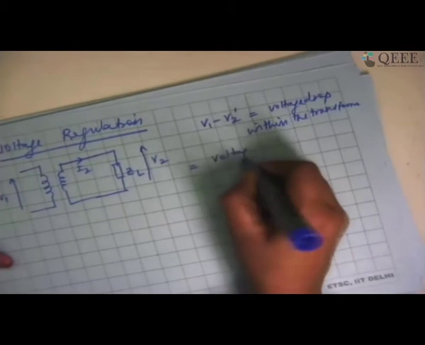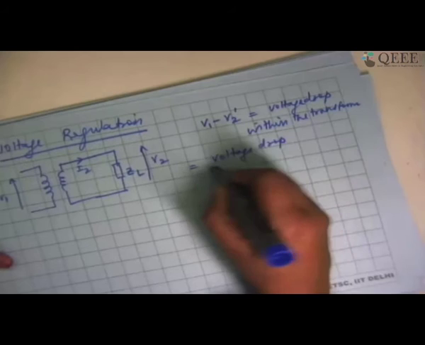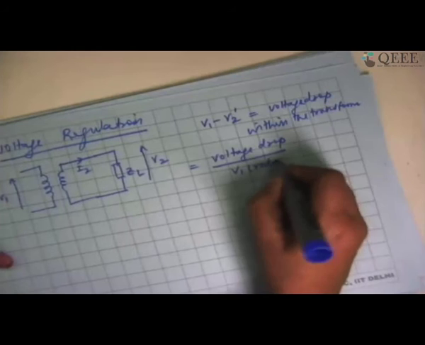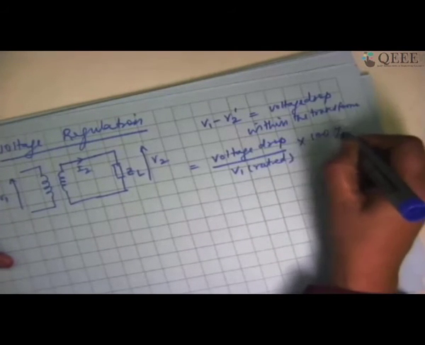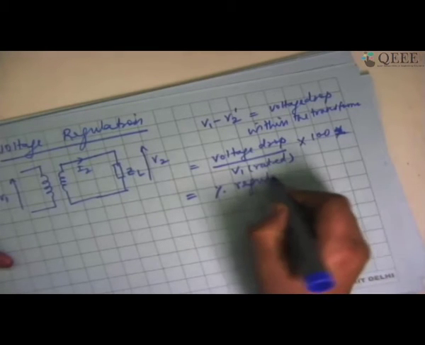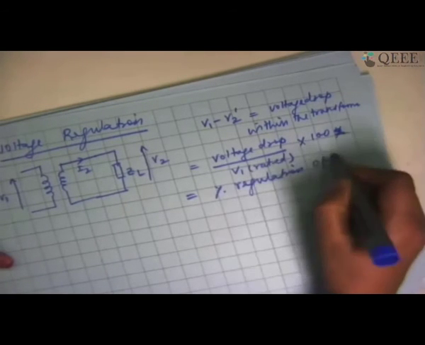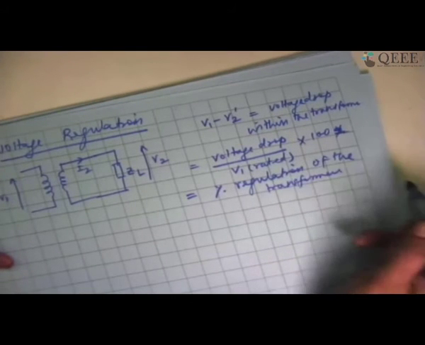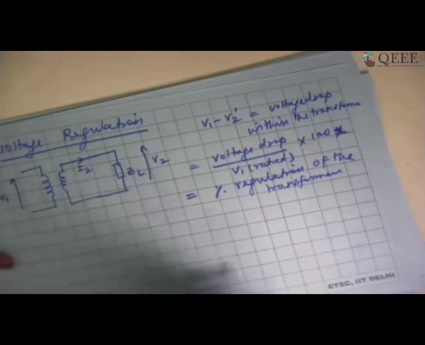If I say that voltage drop divided by either V2 dash or V1 rated, this is actually the regulation of the transformer. If I multiply that by 100, I would call it percentage regulation of the transformer. So percentage regulation gives you an idea how much is getting dropped within the transformer itself.